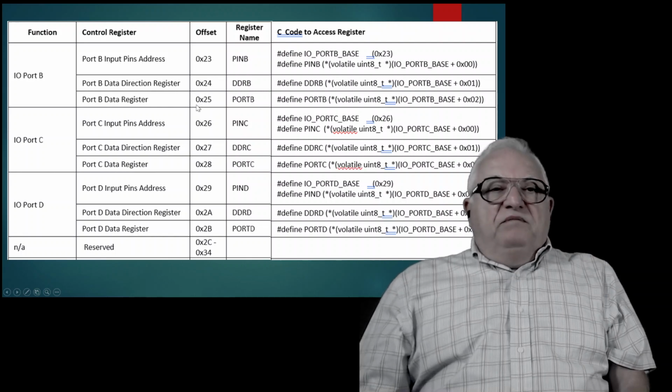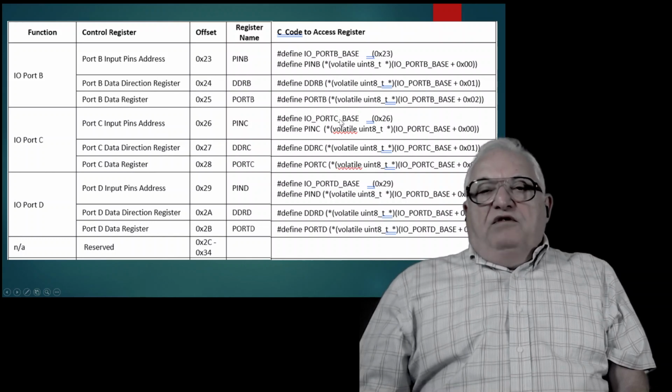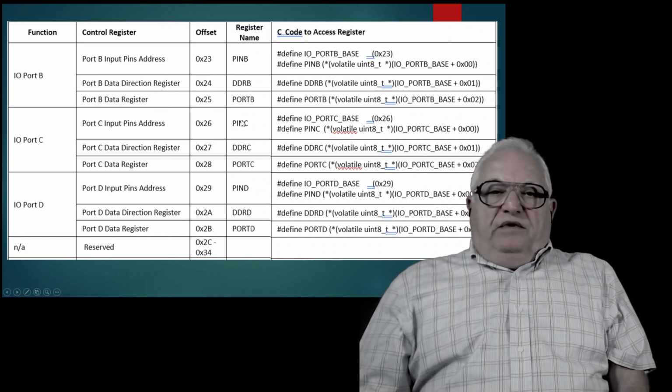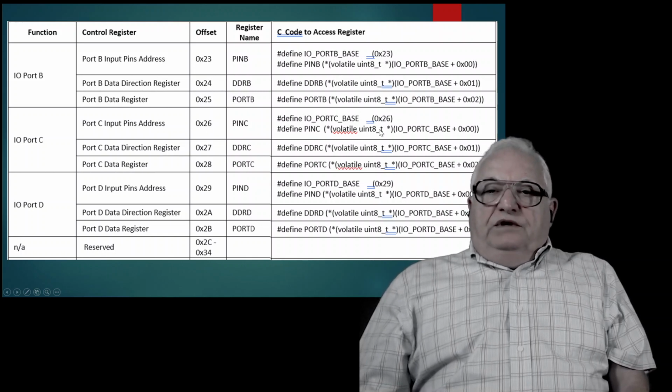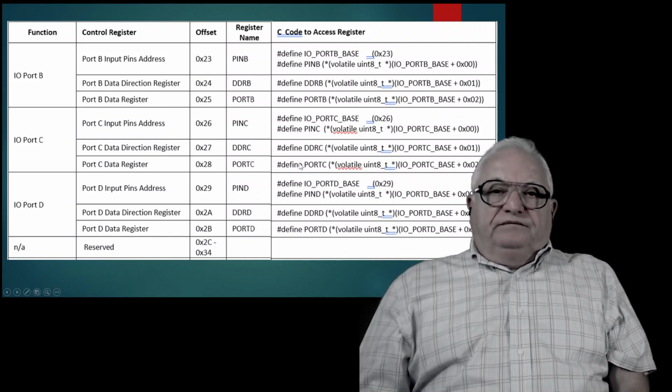Each time I had a different function, I started by defining IO port base and the number, and then I just added to the IO port base for that function.